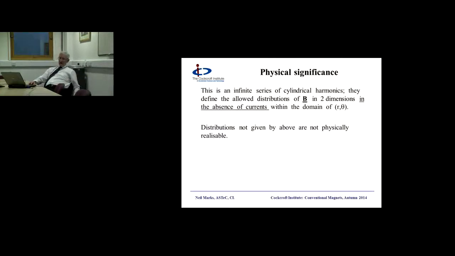So if a lattice guy comes along and wants you as a magnet designer to design a completely weird shape, the first question is, does this comply with Maxwell's equations and with Laplace's equation? And if the answer is no, the simple answer is then you can't do it. It's not physically realizable.